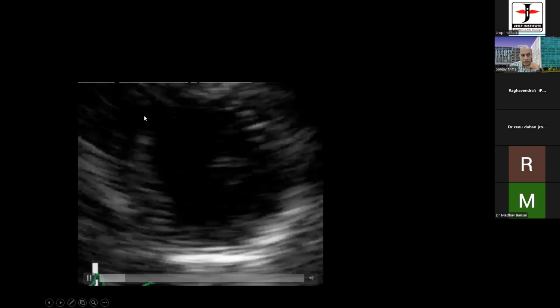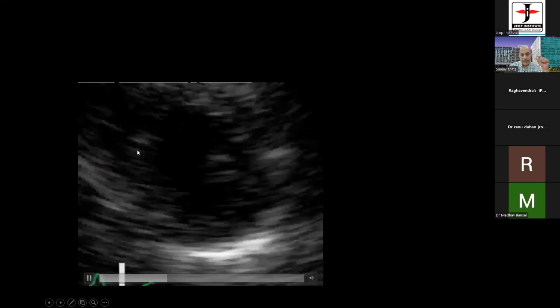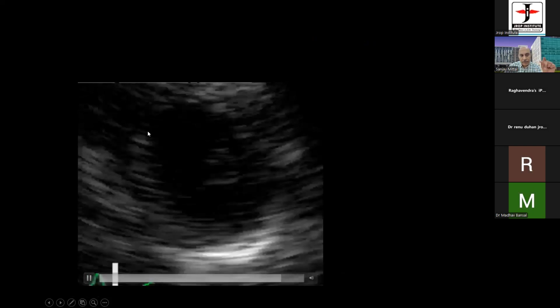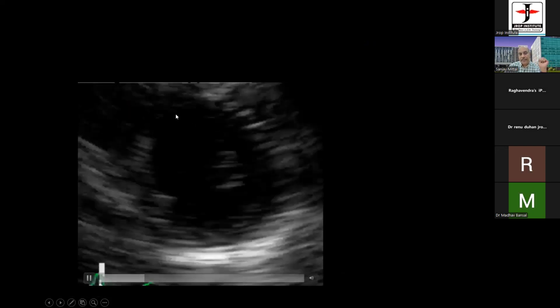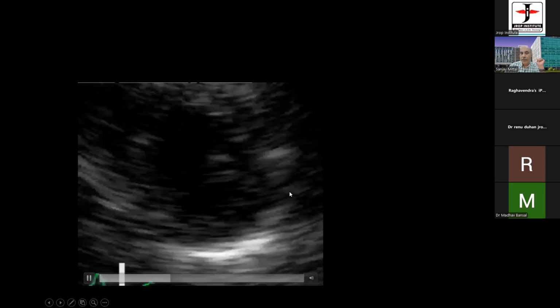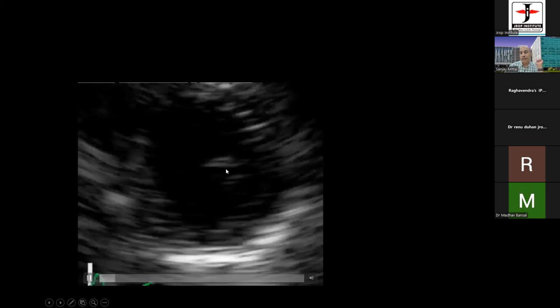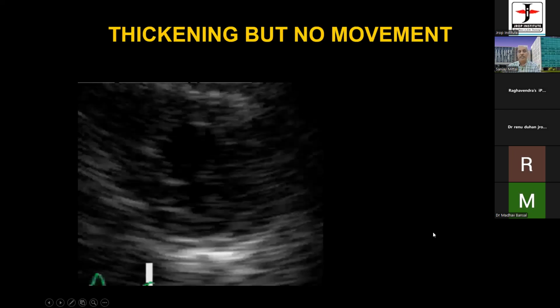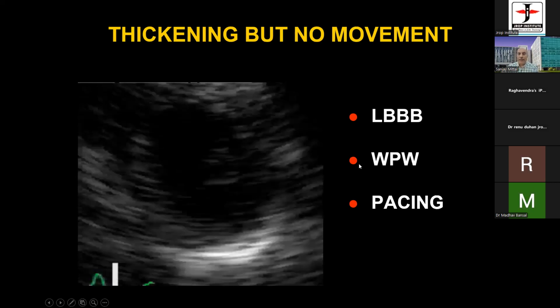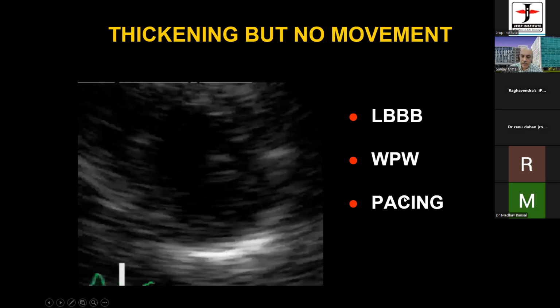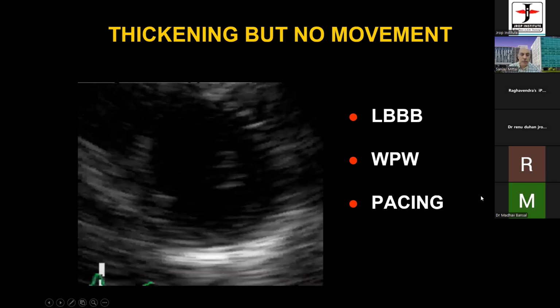Because septum is contracting in a different phase, you can see the thickening of the septum is still there, but because it is happening in a different phase, it gives a paradoxical motion kind of a thing, and people can rank it as hypokinesia of the septum very commonly, specifically when there is thickening, but we are just focused on the movement, because this happens in left bundle branch block, in right ventricular pacing, and WPW.